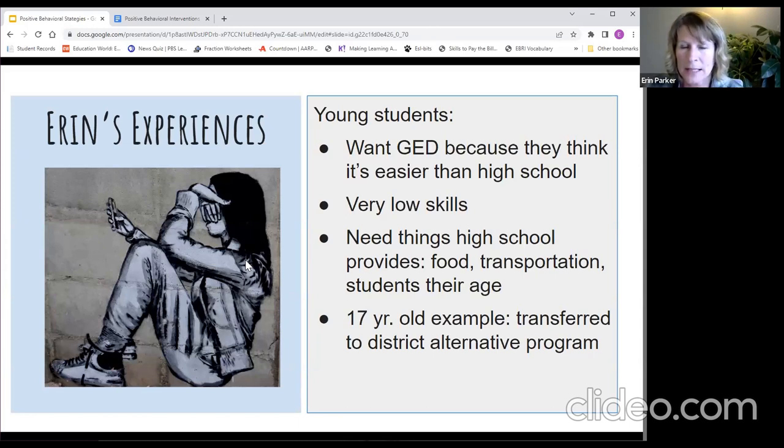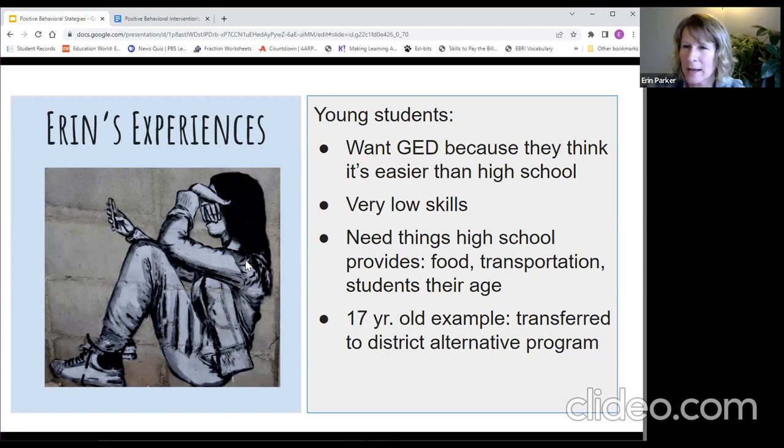I had a 17-year-old, one of my examples. He came in and just thought, okay, I'm going to take classes for like a week and then take the GED and I'll be done and I can go on with my life. But I really did notice that he never had food. He was getting a ride here to school. He was always waiting around. He was always on his phone and having his hood up and sleeping half the time.